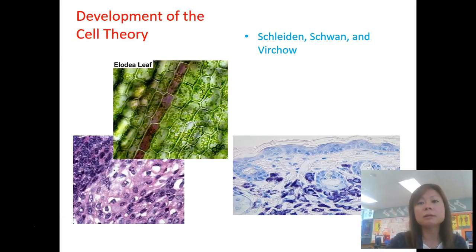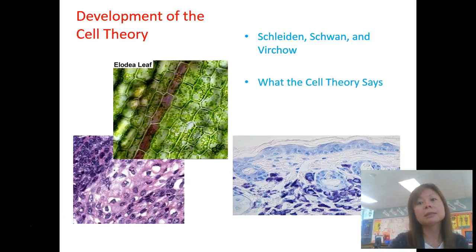Then Schwann said not only plants but all animals are made of cells. And then Virchow said all living things are made of cells. It's really important for scientists to communicate their findings so that they can build upon other people's findings and improve upon them.